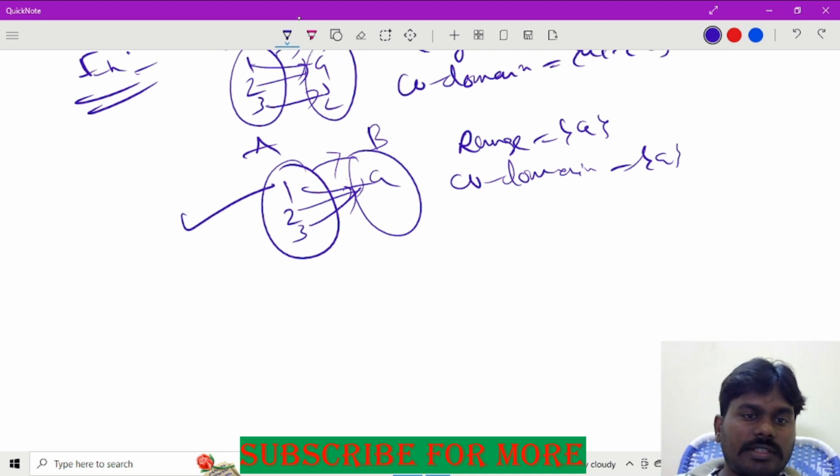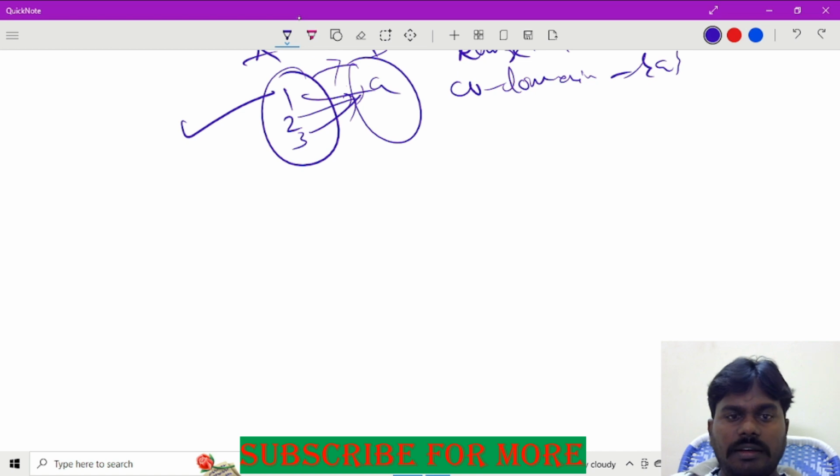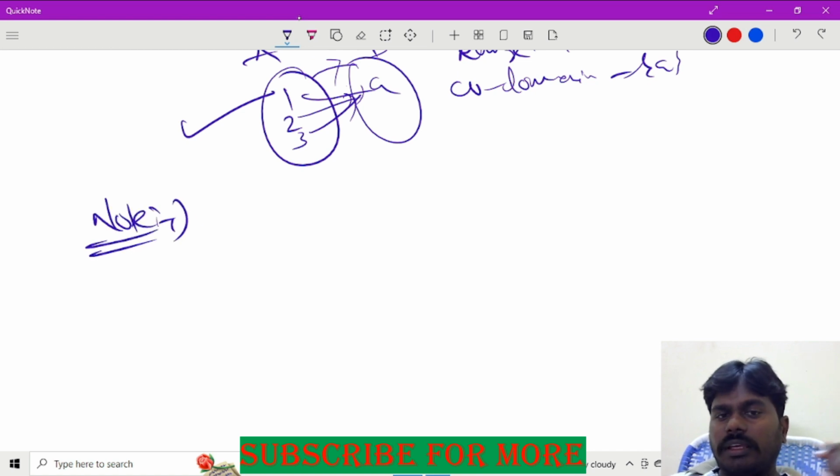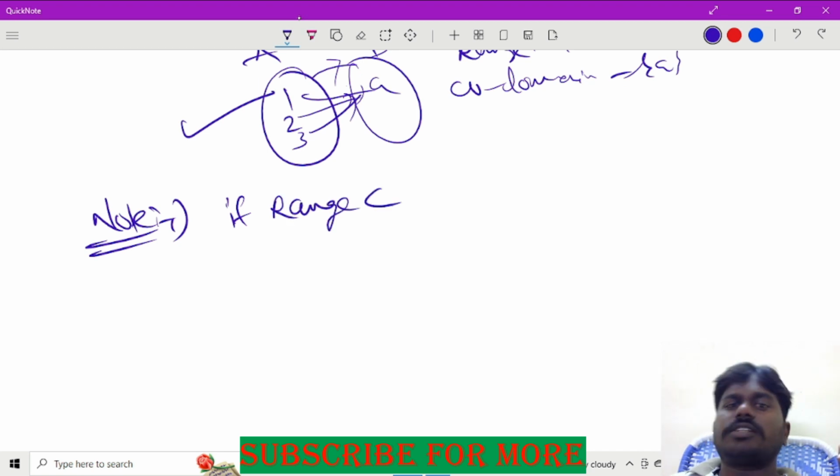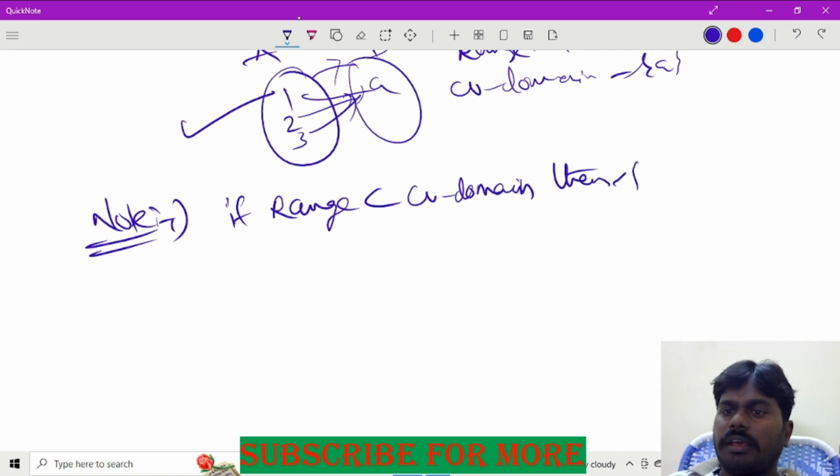Just take note here: if the range is not equal to the codomain, if the range is a subset of the codomain, then f is called an into function.